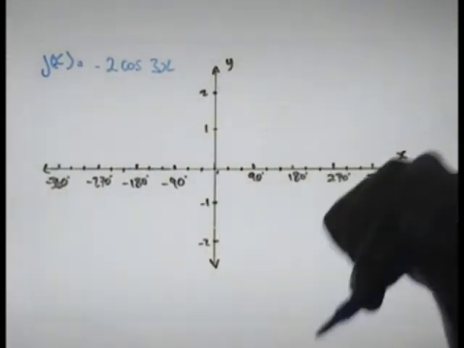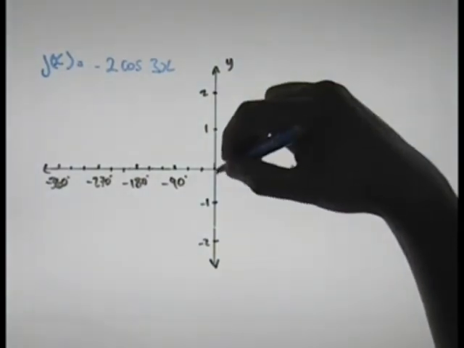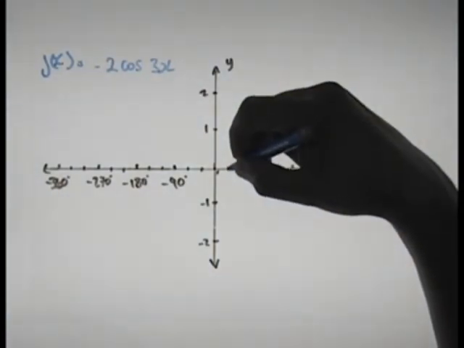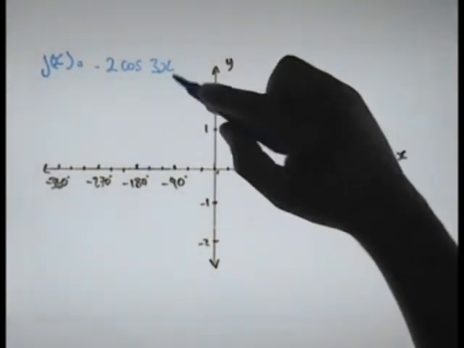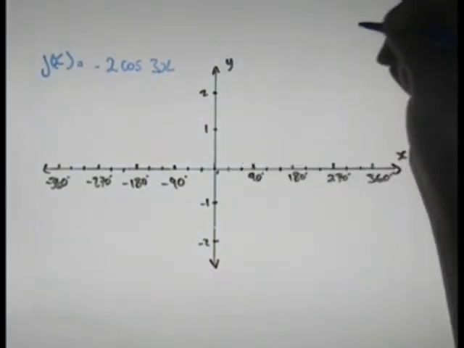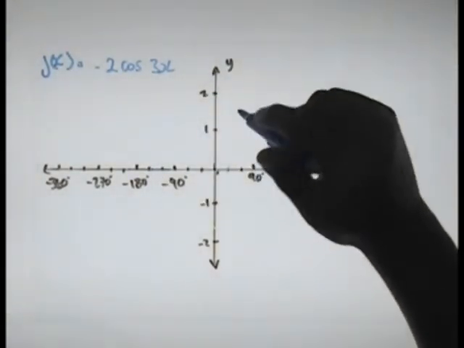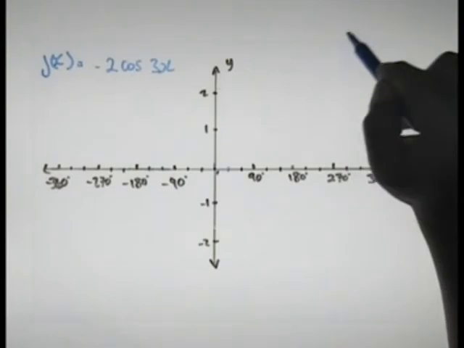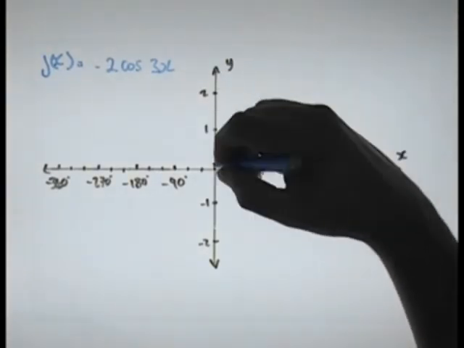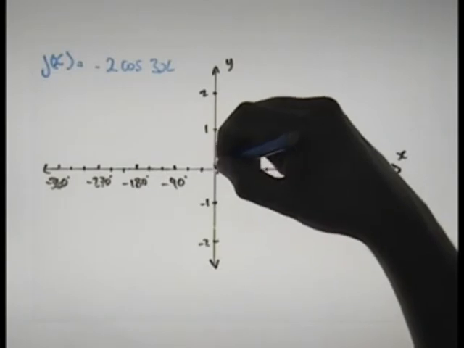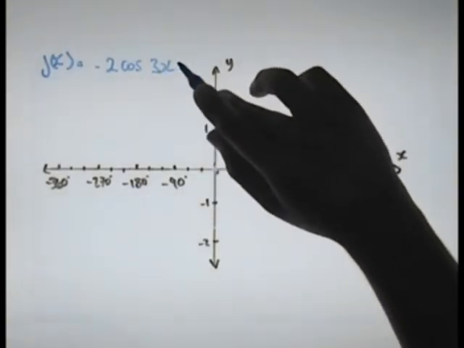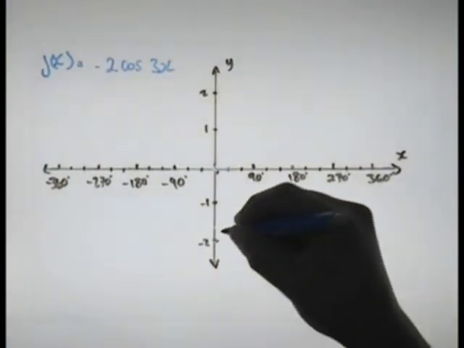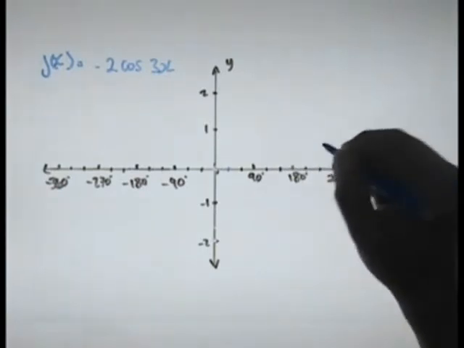So when x is equal to 30 degrees, that's going to be cos of 90, which is equal to 0. 0 times negative 2 is 0. Now that negative 2 has to come into play as well. When x is equal to 0 degrees, that's going to be cos of 0, which is equal to 1. Multiplied by negative 2 is going to give us negative 2.